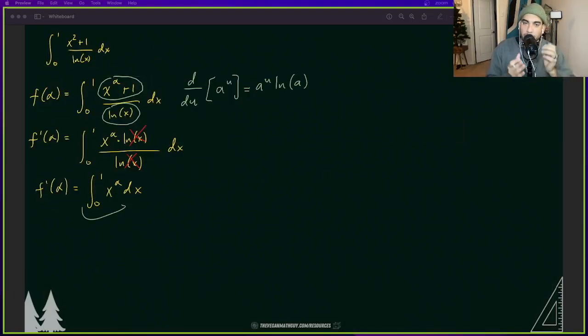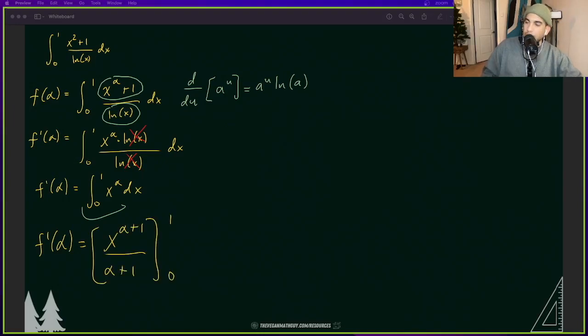And now to simplify this, we're actually going to take the integral of the right side, and now it's going to be in terms of x. So now we treat the alpha like a constant. But then don't forget we're taking the definite integral, so we have to evaluate this from 0 to 1.